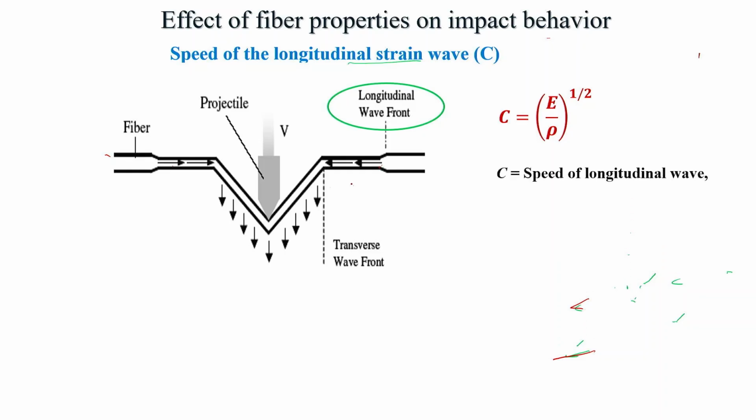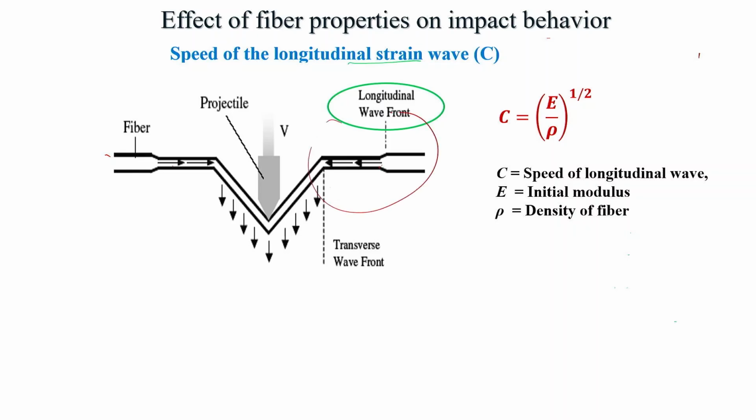We can control this strain wave speed. This is the longitudinal wave, where c is the speed of the longitudinal wave, E is the initial modulus of the fiber, and rho is the density. Now, we want to increase this strain wave speed quickly enough, because otherwise the load sharing, the distribution of the energy, will not be faster. This wave front movement should be faster.